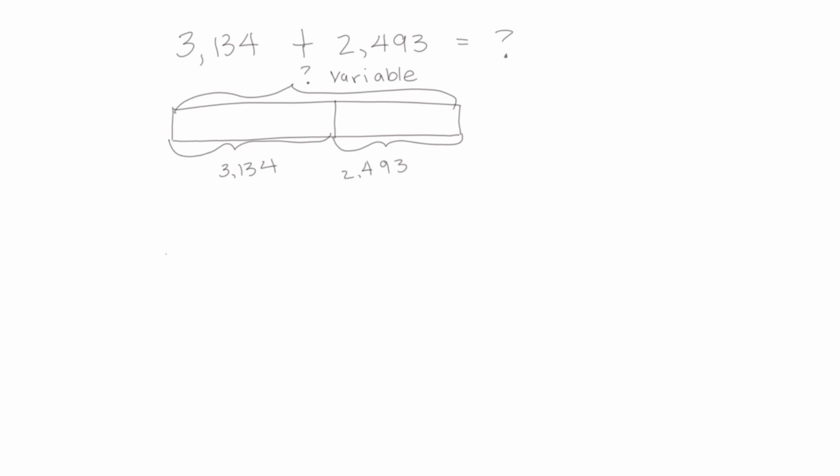And now I'm going to draw a place value chart to show this. And I can see that both of my numbers go to the thousands place, so I don't need to draw a full place value chart. I can probably get away with just drawing to the thousands.